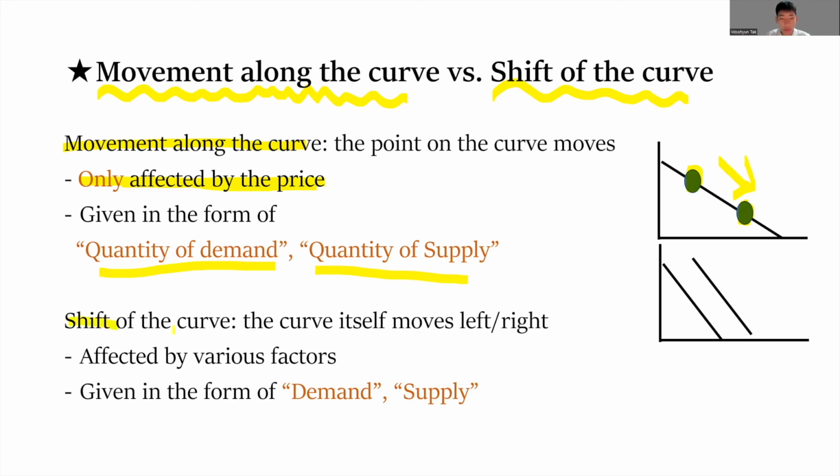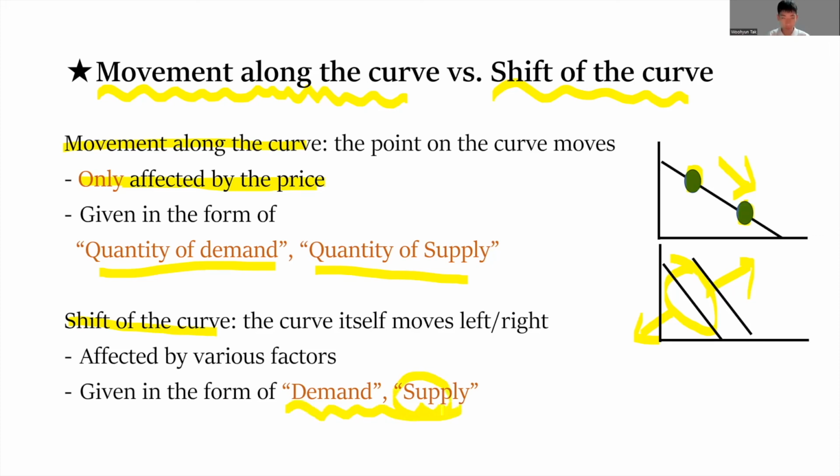However, a shift of the curve is the movement of the curve itself to the left or right. It is affected by various factors, but not price. So it will be given in the form of demand and supply, just the word itself.